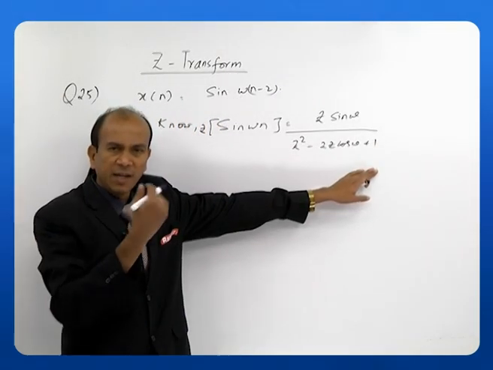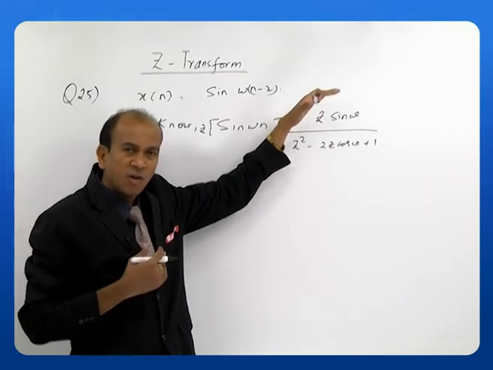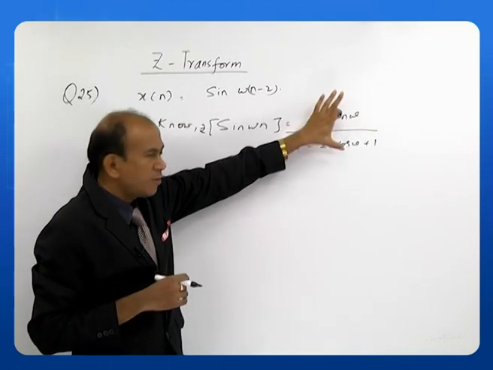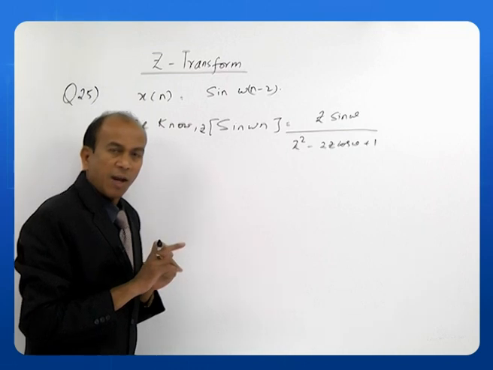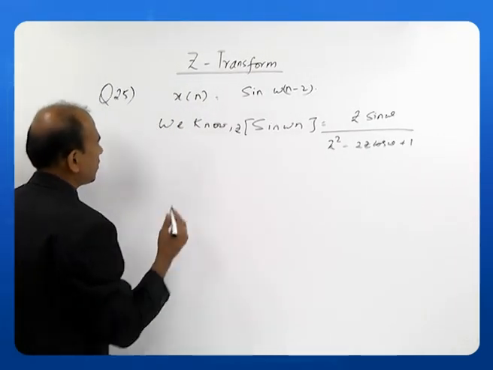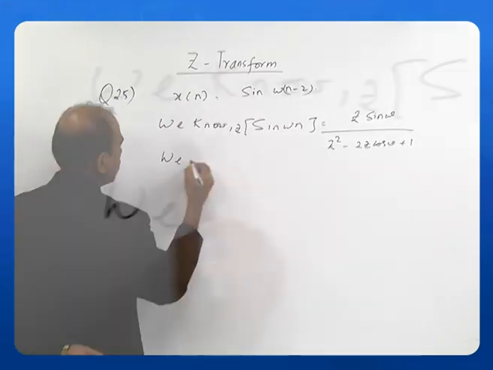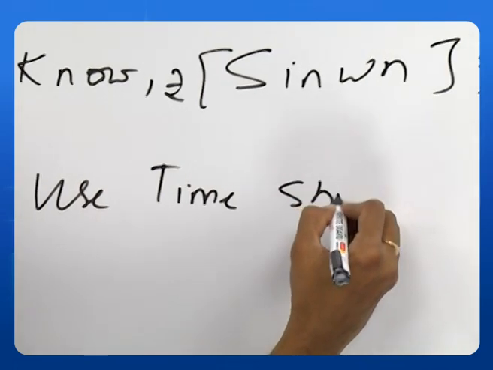So this is the result which you have obtained last class, which I was actually insisting on all of you to remember. So I remembered this, so you also must remember. So this is what we have put on here. Now for this we will apply time shifting property. So what is time shifting property for us now? So let us use time shifting property.